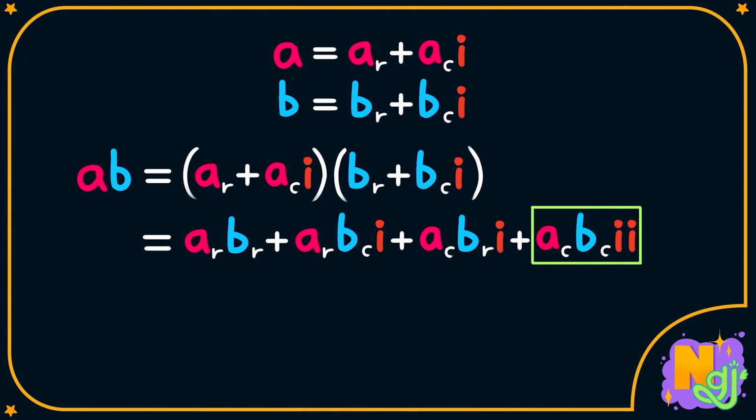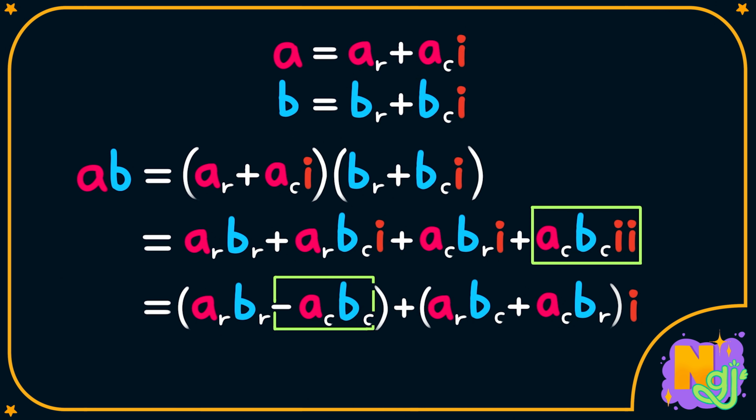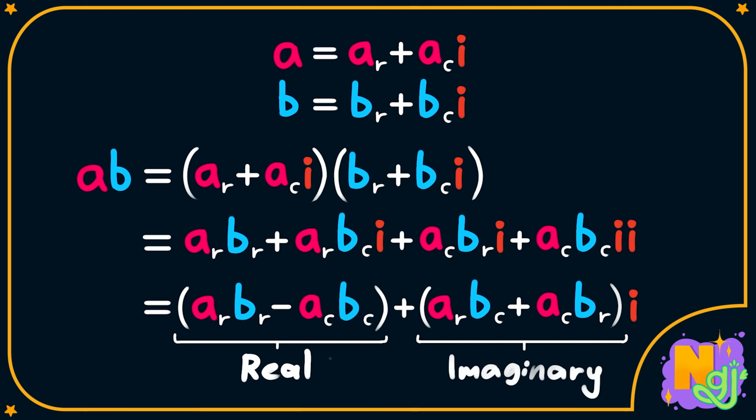So that term becomes negative, and both of those i's disappear. And so simplifying it again, you can see that that hops on over there to just be a real number. And this in and of itself is also a complex number. Like we could just keep on doing this, and at the end, we get another complex number. So it's got a real part, and it's got an imaginary part.